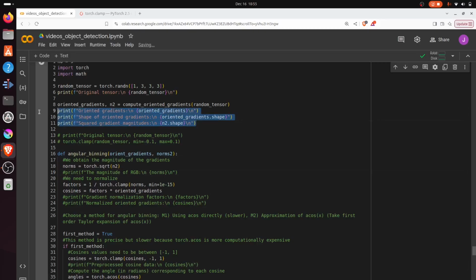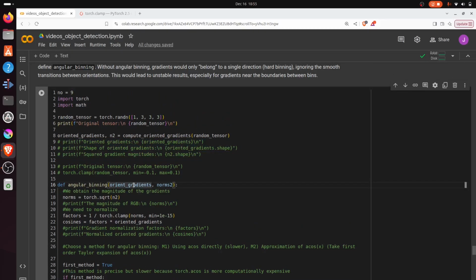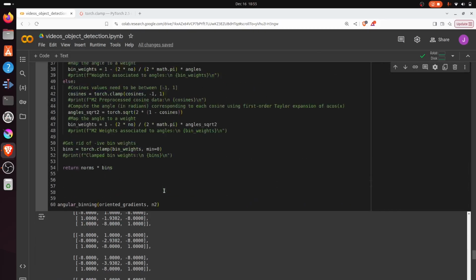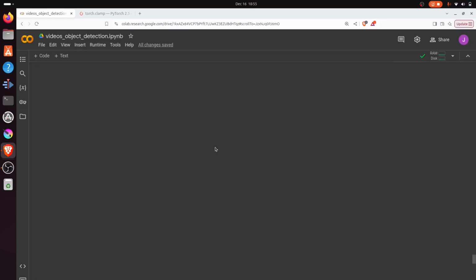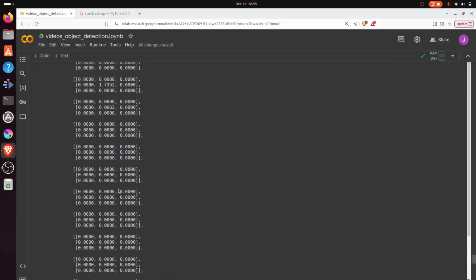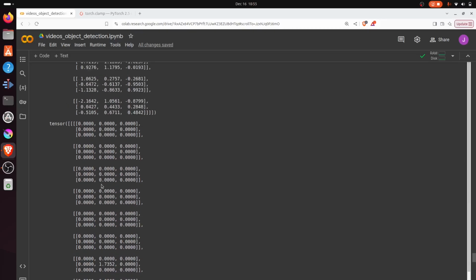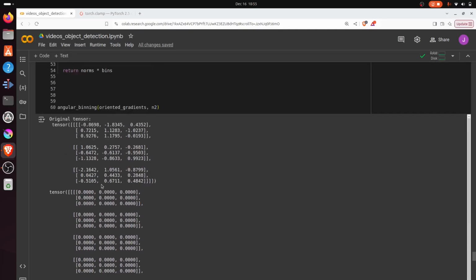Fantastic. Great. So these are basically the angular bin results, the gradients after passing through the angular binning method.